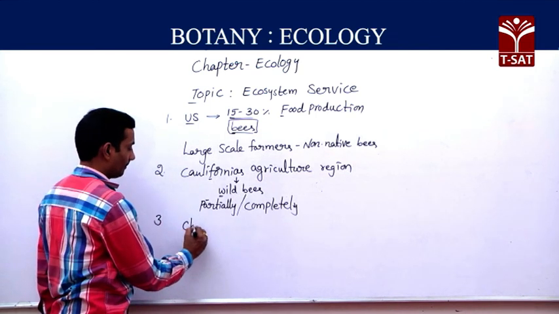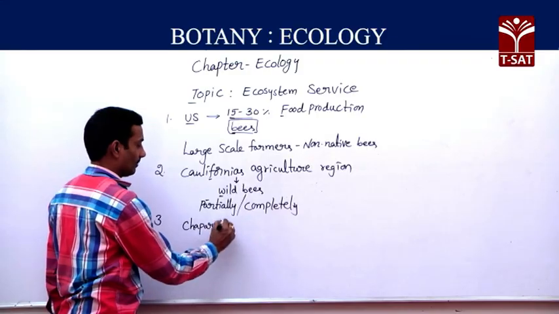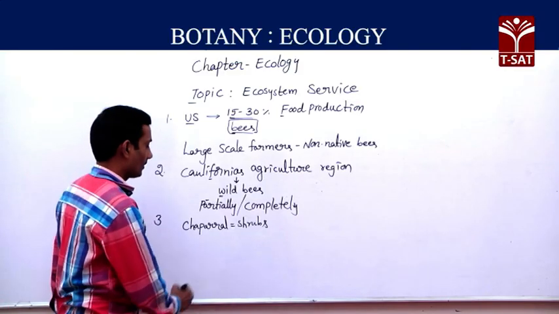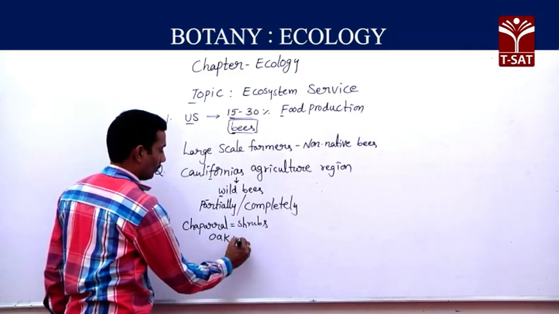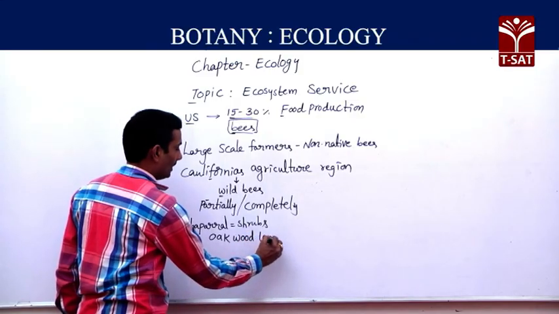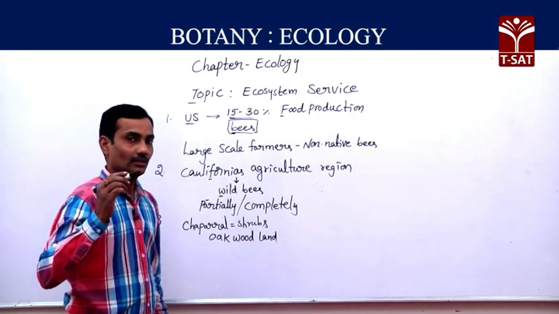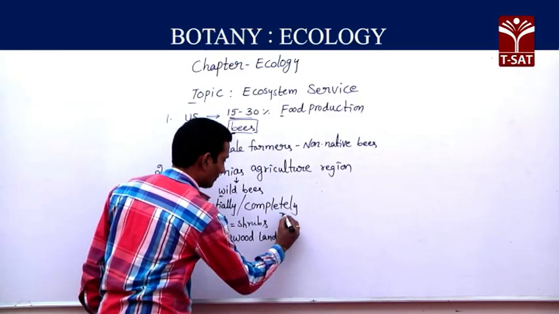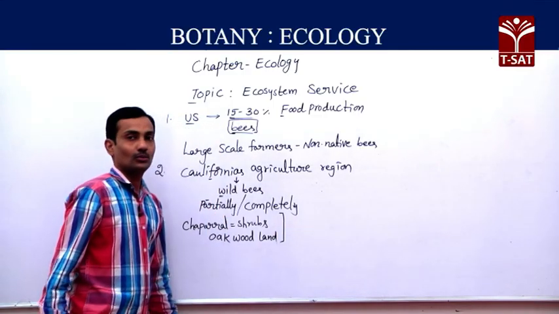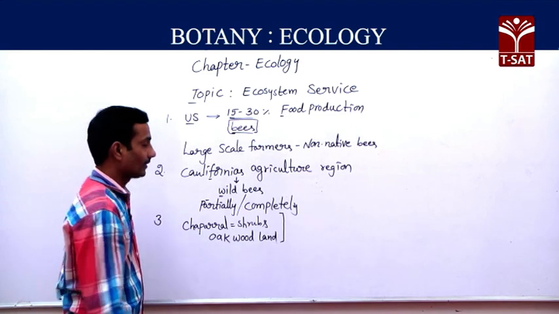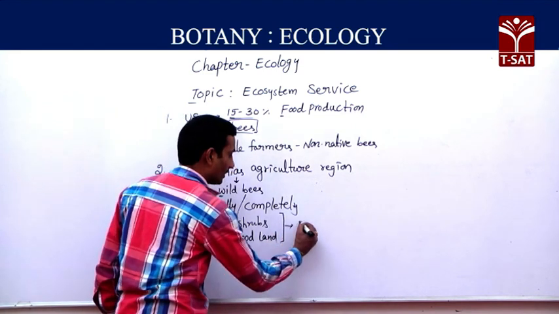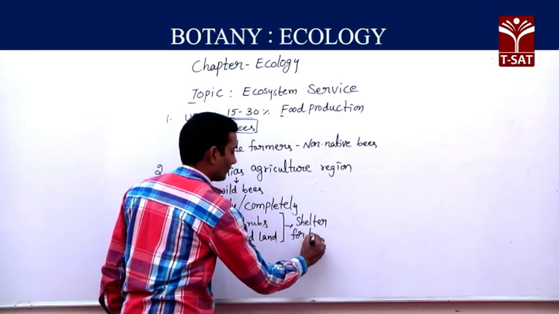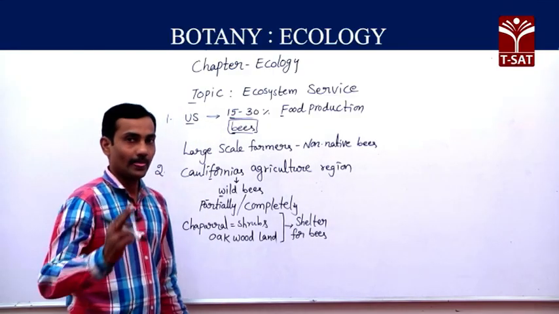Next, chaparral, which is nothing but shrubs, and oak woodland, oak trees. These two kinds of plant communities mainly provide shelter for bees.